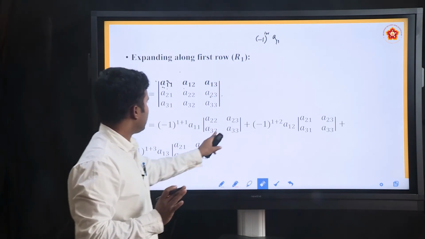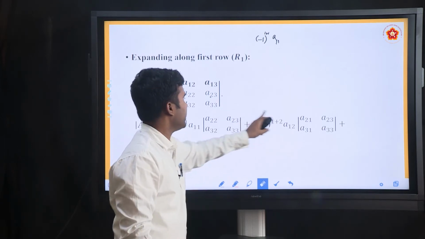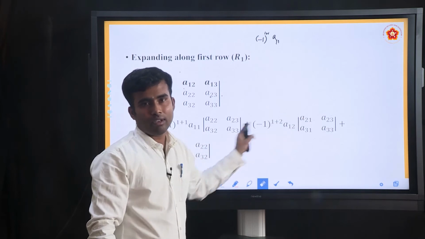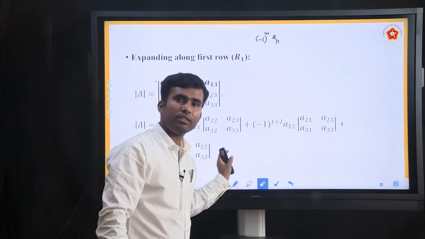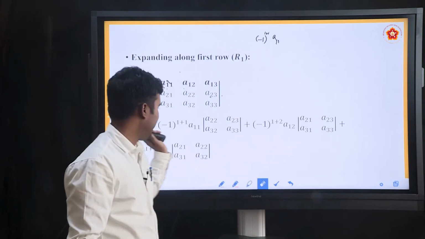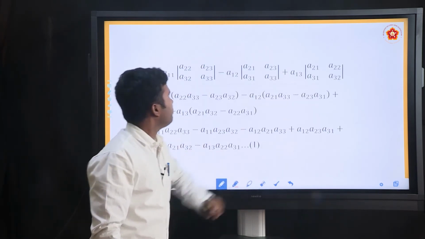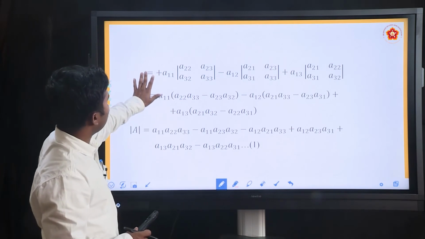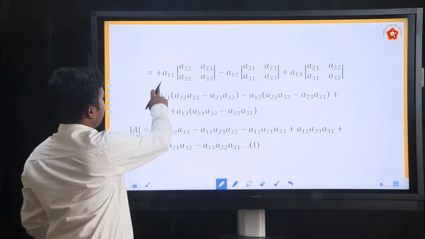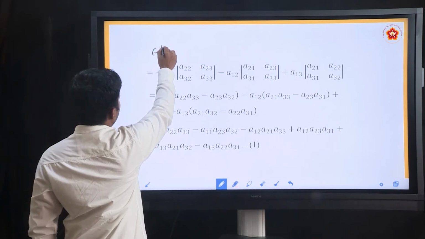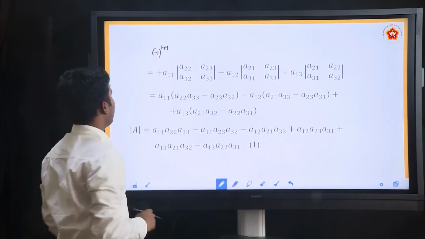So now these are the second order determinants. You already know how to expand the second order determinant: product of diagonal elements minus product of non-diagonal elements. So here with continuation of that, plus, since minus 1 to the power 1 plus 1 in the previous slide.